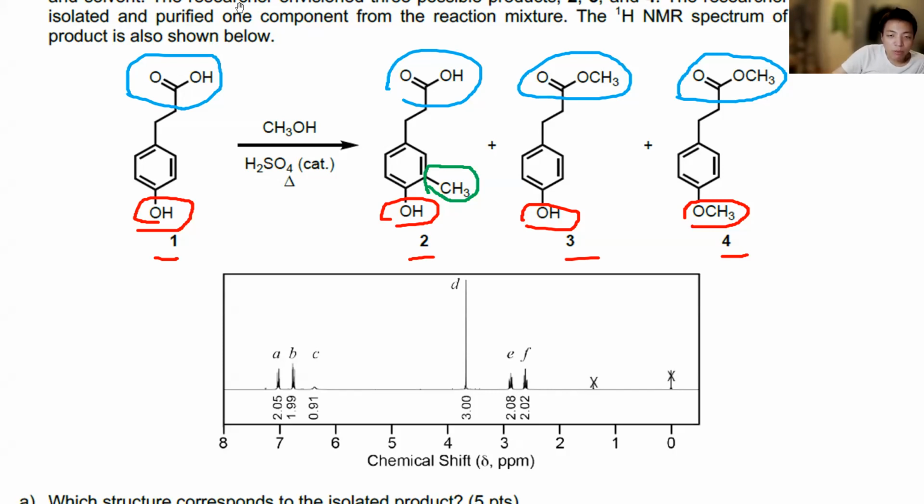We can also get some information from the mechanism or the reaction that was provided, which is heat. That means that we have some sort of attack. This is a nucleophile, and so there's an electrophile.